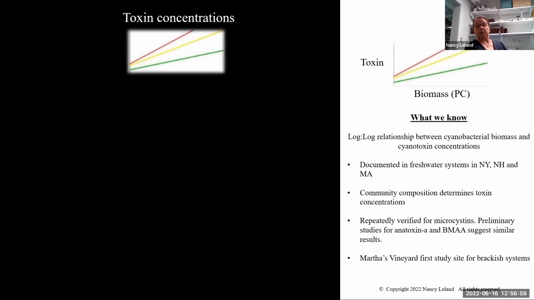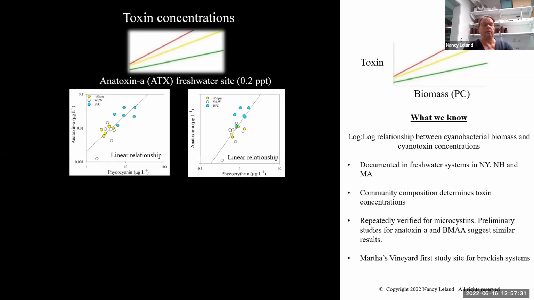We know that this differentiates based upon the community composition, so knowing what's there is very important, and it also determines what the toxin concentrations are. We've repeatedly verified this relationship for microcystins, and our preliminary studies for anatoxin A and BMAA suggest that we have similar dynamics going on. So the Martha's Vineyard project was the first study for brackish systems.